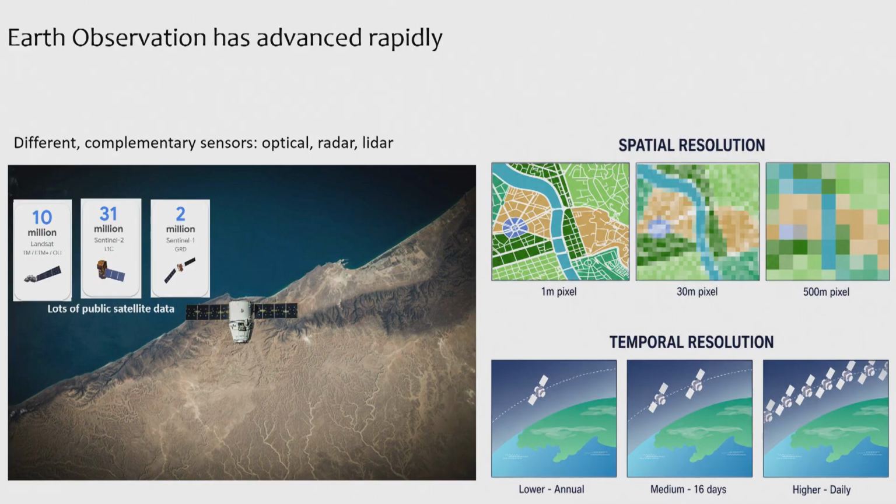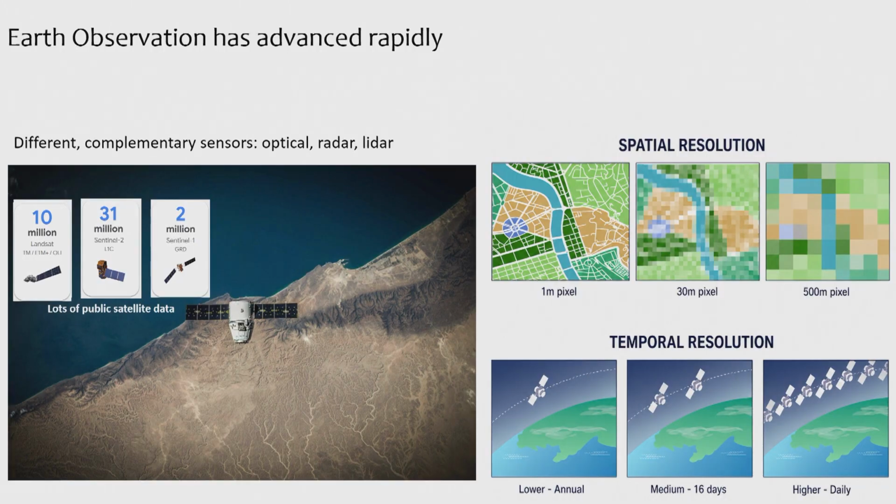And so Earth observation has advanced incredibly rapidly over recent decades. We now have multimodal satellites in space, satellites measuring light reflectance, optical ones, radar, LiDAR. We've also got much higher spatial resolution than we have had from space, going from tens or hundreds of meters for the pixels, all the way down to commercial satellites, which are meter resolution now.